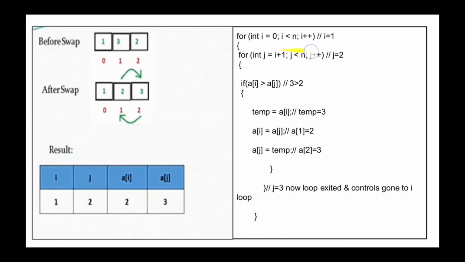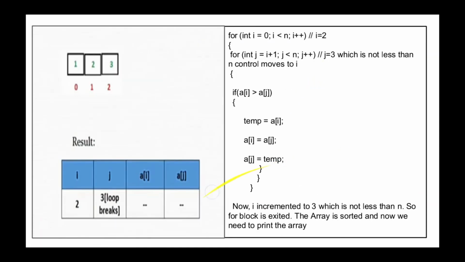Then check, in this condition integer i is equal to 0, i is less than n, i plus plus. The i value is initially 1, then the i value is incremented by 1, sorry, so the i value is 2. Then check, 2 is less than the array size 3, so the condition is true. Then go to the j for loop. Integer j is equal to i plus 1, j is less than n, j plus plus.